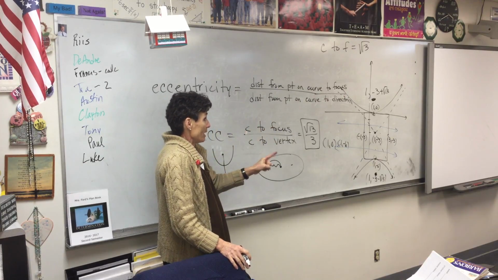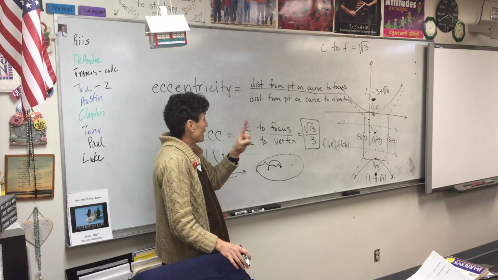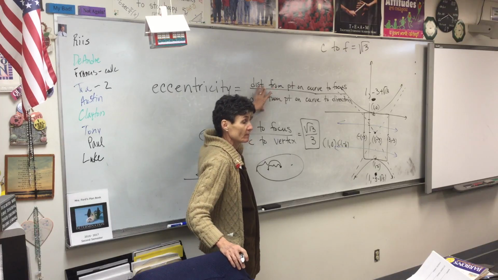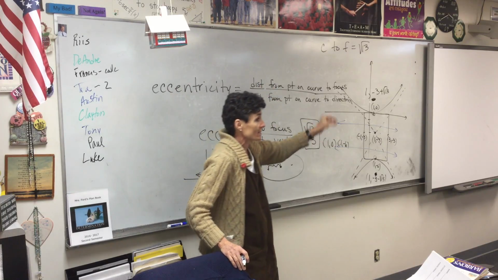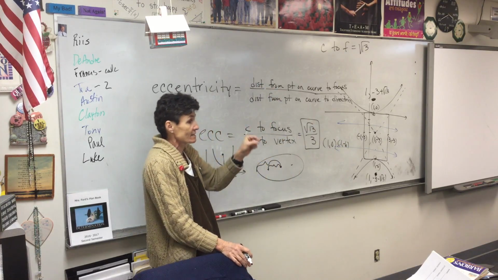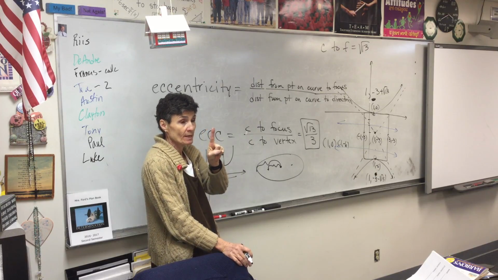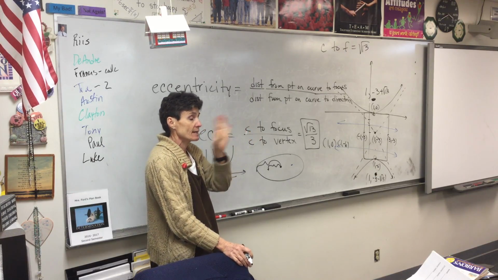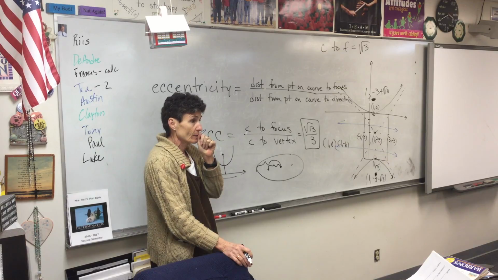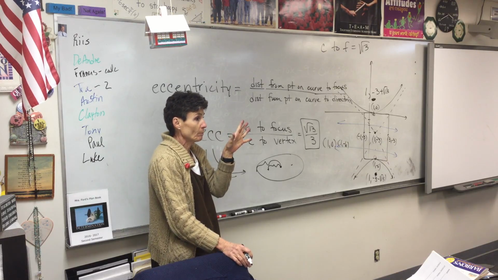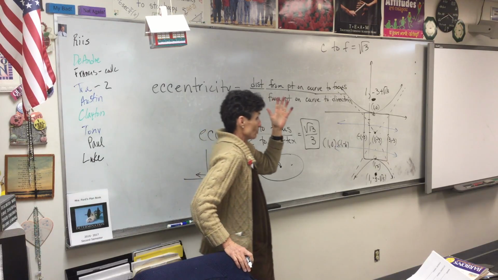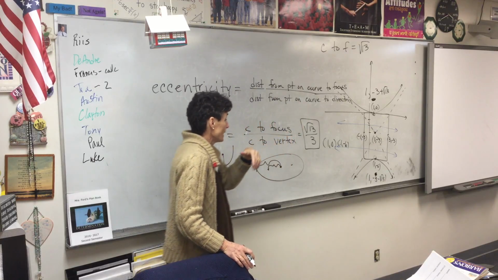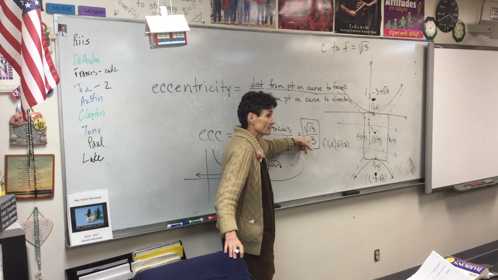Every parabola has an eccentricity of 1 because that's its definition: equidistant from focus and directrix. So the ratio is going to be 1. Every hyperbola has an eccentricity bigger than 1. Every ellipse has one less than 1. You have to calculate them.